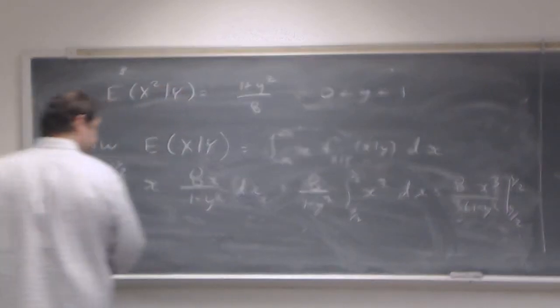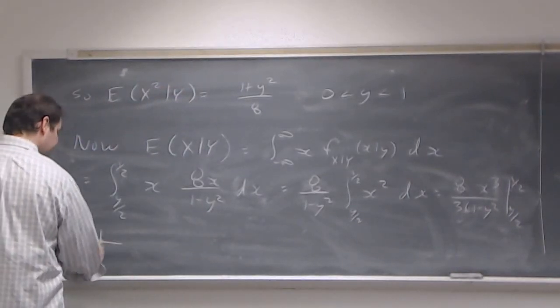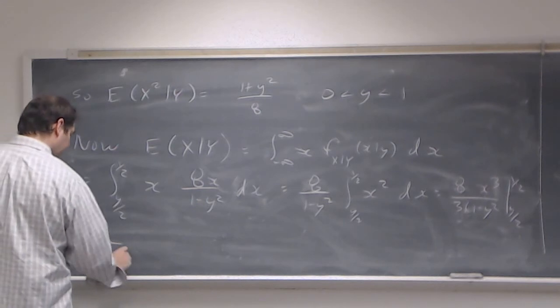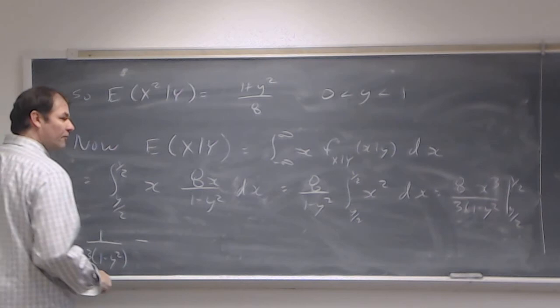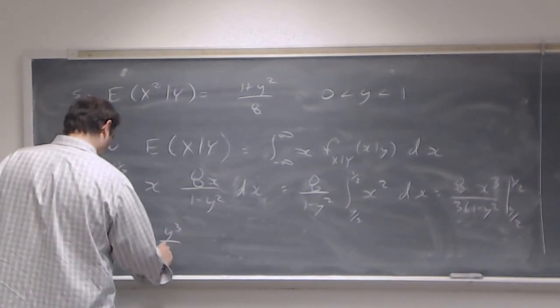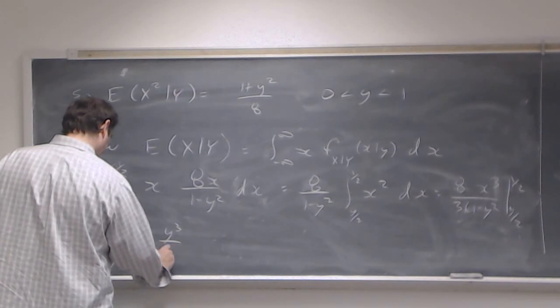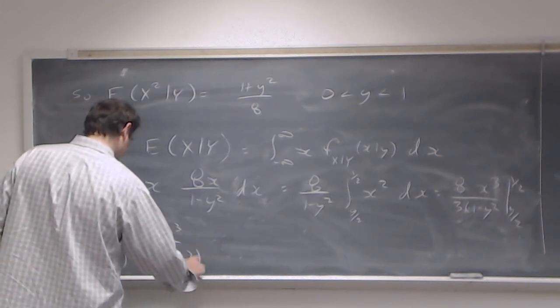We stick in 1/2, it's just going to be 1 over 8 times 1 minus y squared. And then when I stick in y over 2 for x, what we're going to get is y squared over 8 times 1 minus y squared.